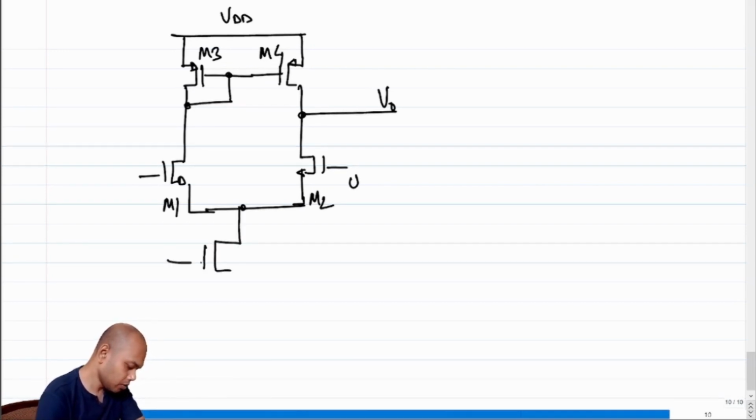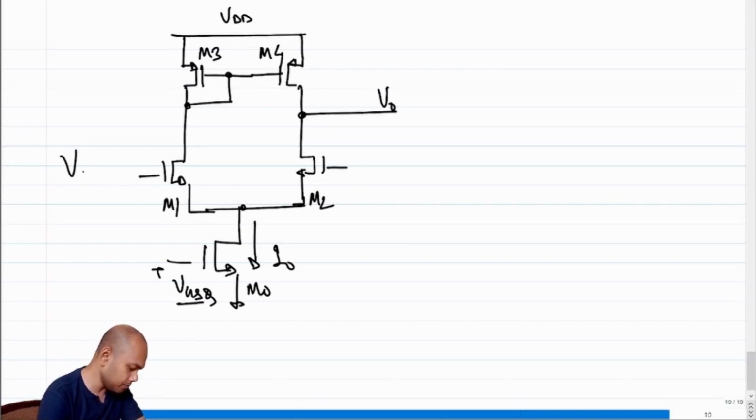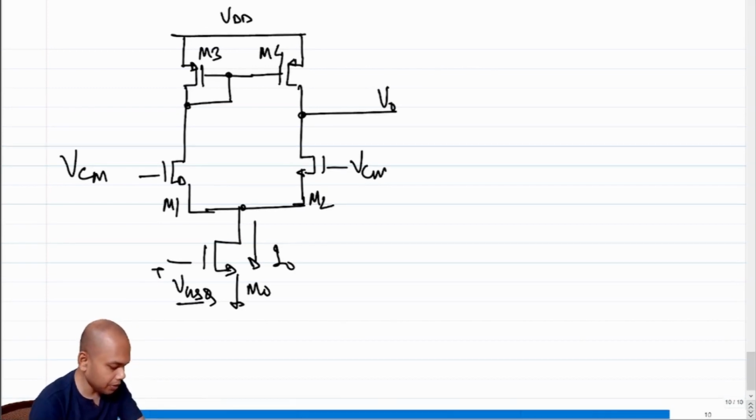So let's say M0 is biased with a constant current source, and you have some VGSQ. We know how to do this, so we are not particularly bothered. Let's say I0 is here, and here I have VCM and I have VCM. Okay, fine. What I am essentially asking is, what is the limit when we apply an input?